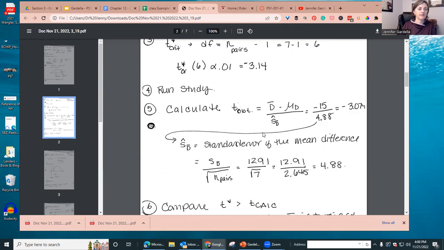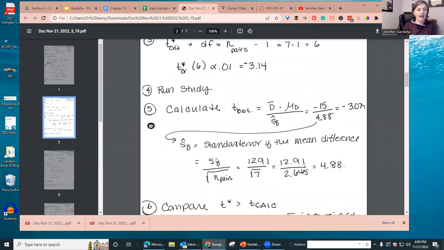We run the study. We calculate. So what are we calculating? We're calculating a test statistic here. So it's the difference that we obtained minus 0. So it's negative 15 over 4.88, and that turns out to be negative 3.074. Now, again, I spelled this out for you. This is the standard error of the mean difference, okay?